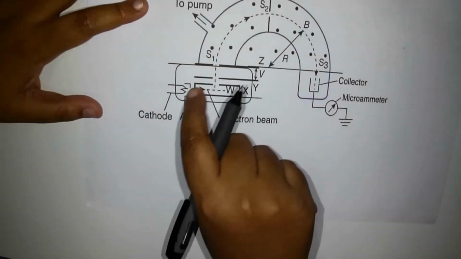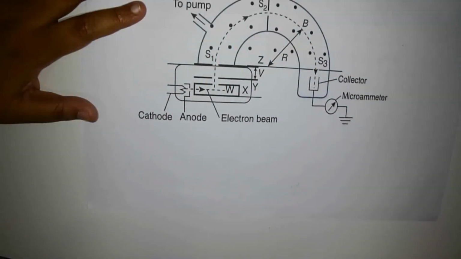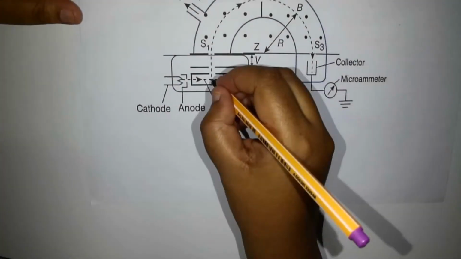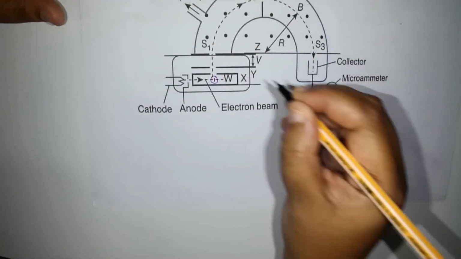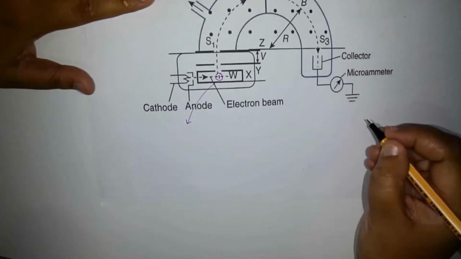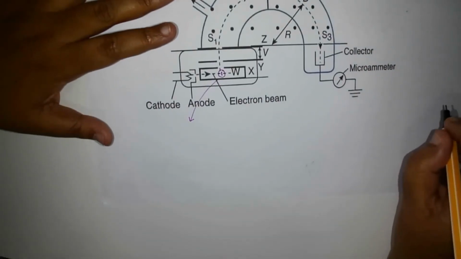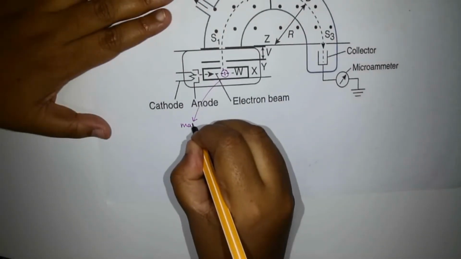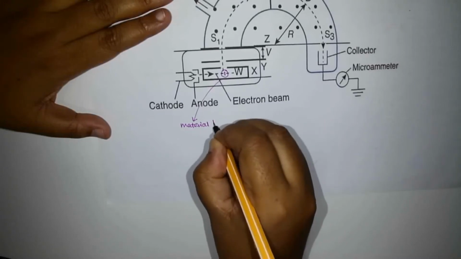Alright, in this spectrometer, what is the first thing? Now let's look at this part here. Number one, inside here is a material that we want to investigate.